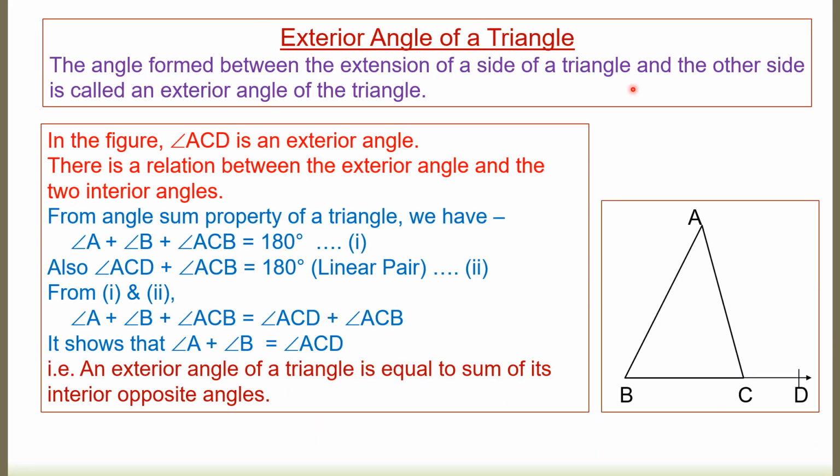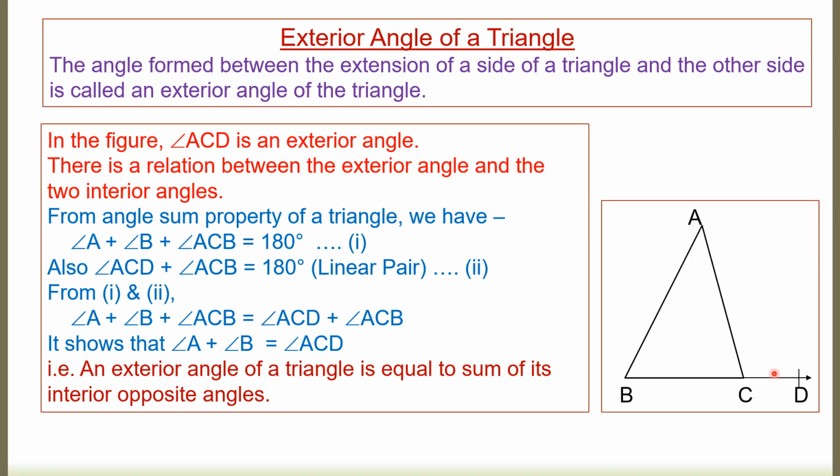This is another important property of a triangle, the exterior angle. This is the exterior angle. When you extend BC this way, the angle between this extension and this side is known as the exterior angle.